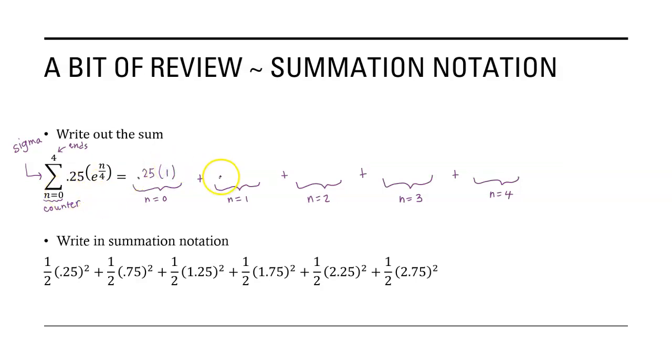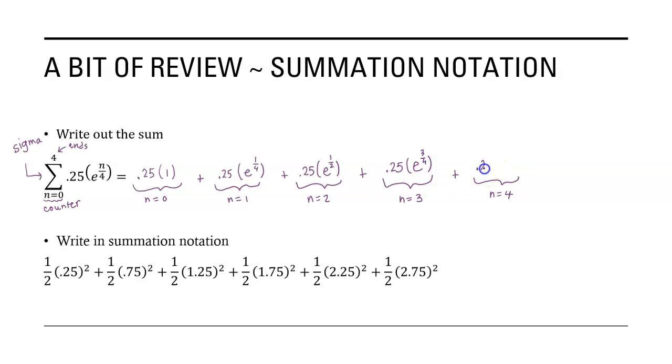My next term would be 0.25 times e. Now I'm going to use n equals 1, so that's going to be e to the 1/4. And my next term would be 0.25 times e to the 2/4, or 1/2. My next term would be 0.25 times e to the 3/4, because I'm just replacing the n with a 3.